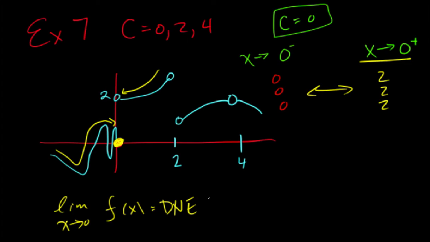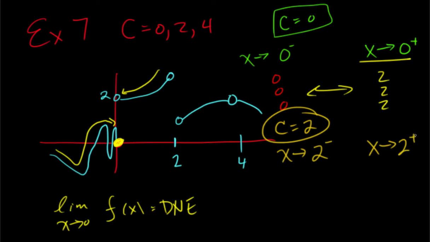Now, this is for c equals 2. As x approaches 2 from the negative side, and as x approaches 2 from the positive side, we do have a value. That's 3, and I think this is 1.